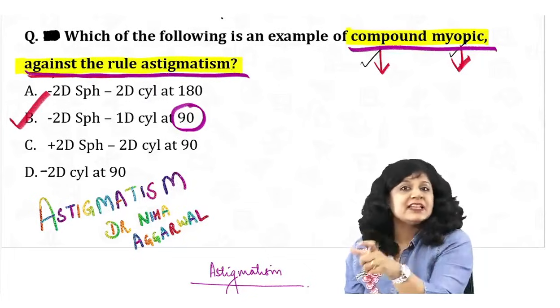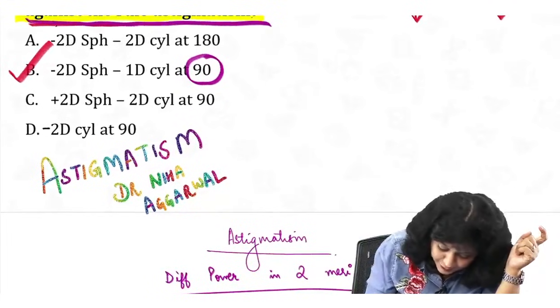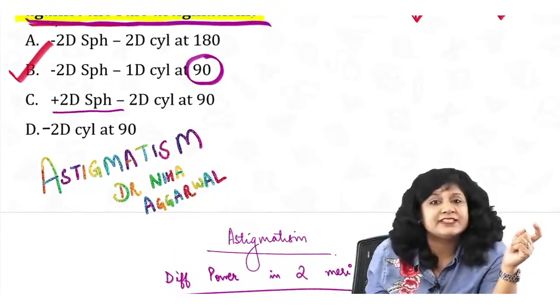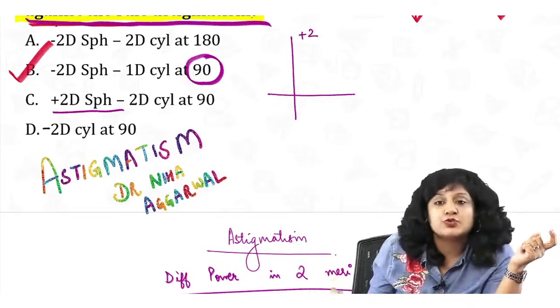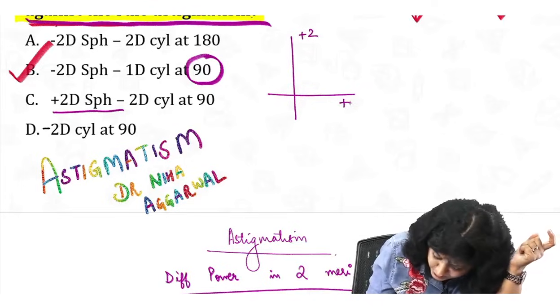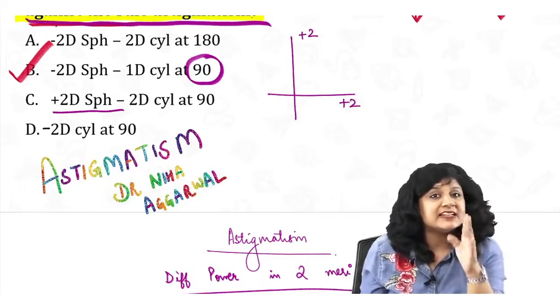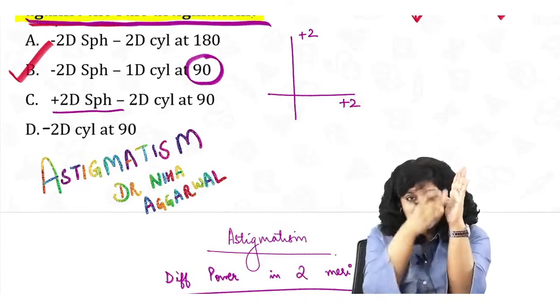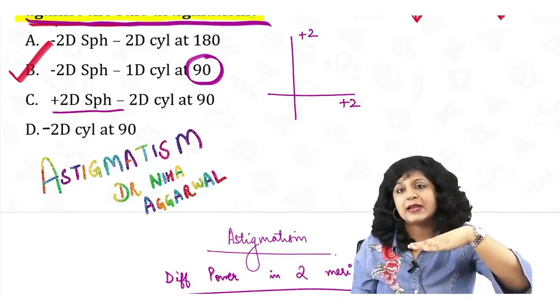But let us see the other options also. Your other options are, you have got +2 diopter spherical, so +2 here also, and +2 here also, and -2 cylinder is given at 90. When you are giving at 90, vertical plane, this will act as horizontal plane.